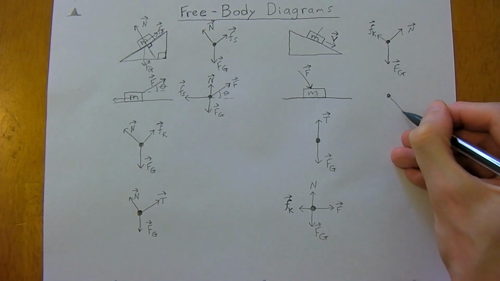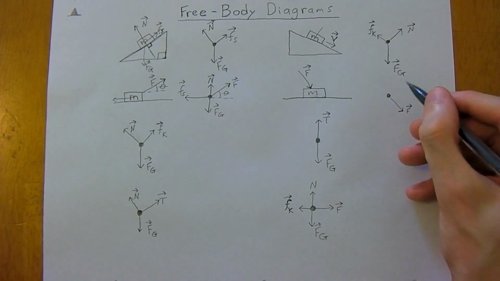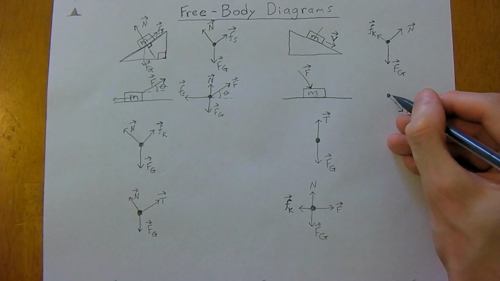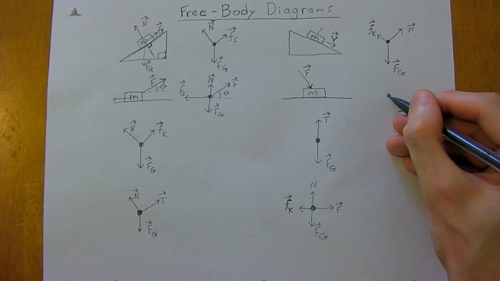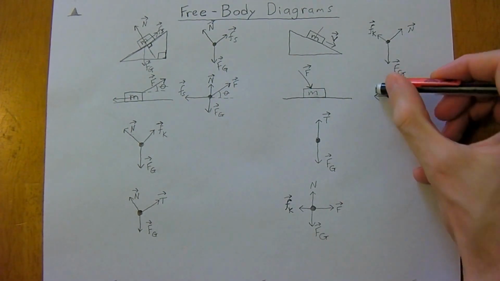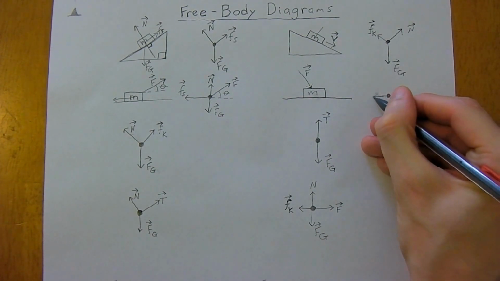You've got a force pushing down at this angle. Then it's not moving, so we need a static friction force pointing in the opposite direction to help cancel that out. In fact, doing these vectors properly, this should be a bit longer.